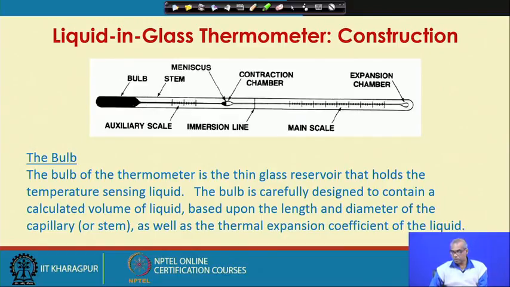The bulb is carefully designed to contain a calculated volume of liquid based upon the length and diameter of the capillary or stem, as well as the thermal expansion coefficient of the liquid. So, bulb basically is the reservoir for the temperature sensitive liquid, and the volume of the bulb has to be carefully calculated based on the length and diameter of the capillary and also based on the thermal expansion coefficient of the liquid.